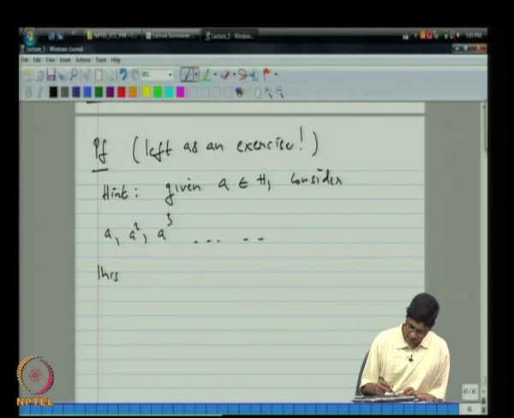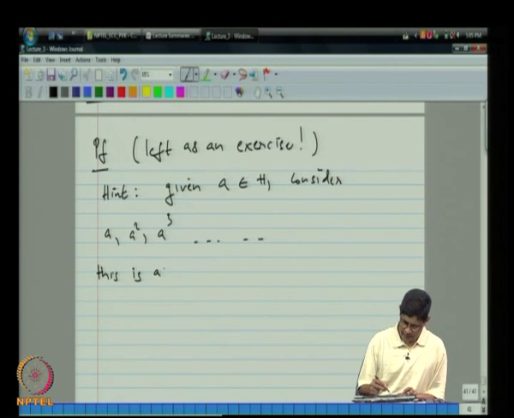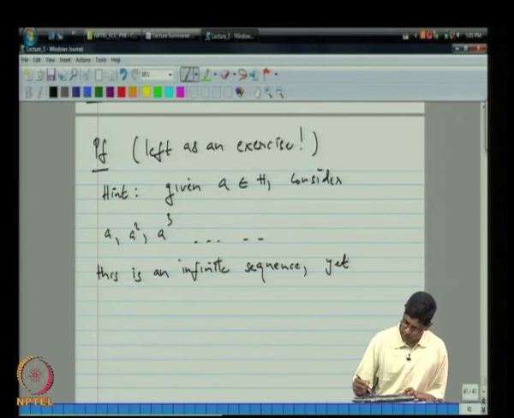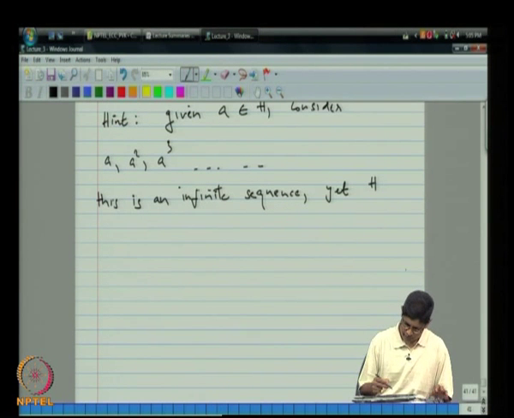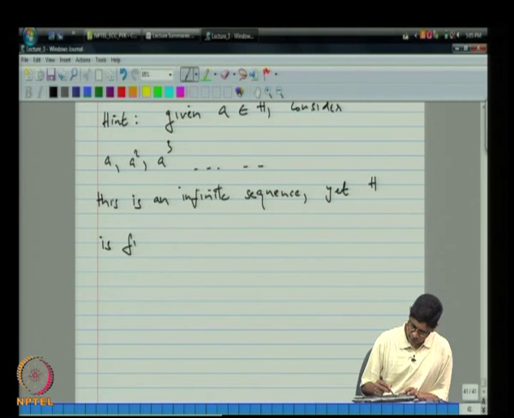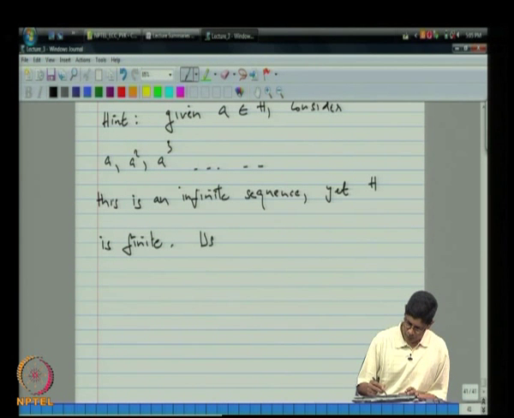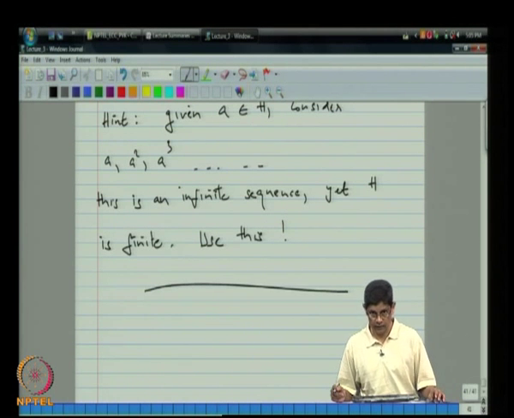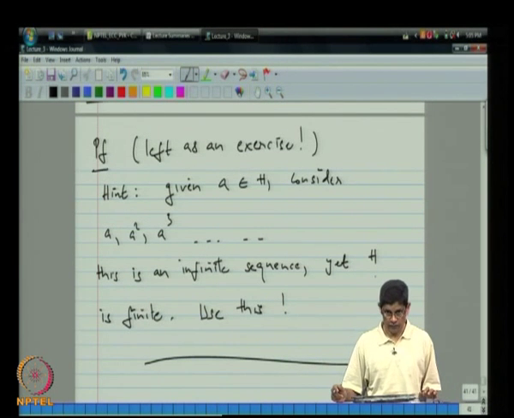This is an infinite sequence, yet H is finite. Use this. So, you might enjoy trying that out on your own.